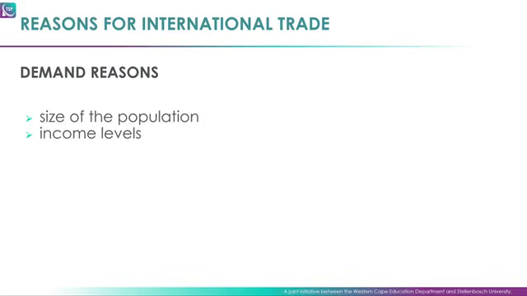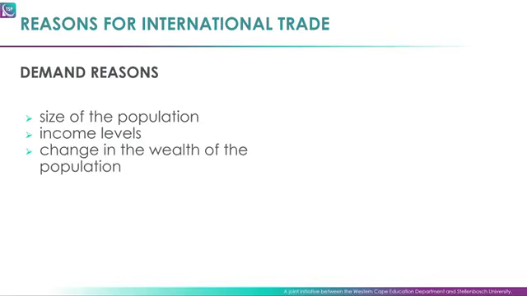As people's income changes, so too does their demand for goods and services. So the more income people have at their disposal, the more goods and services they will demand. So obviously, if the country once again cannot supply all that is needed, they will then have to look at getting that from outside.